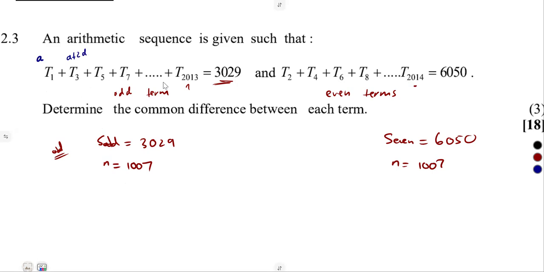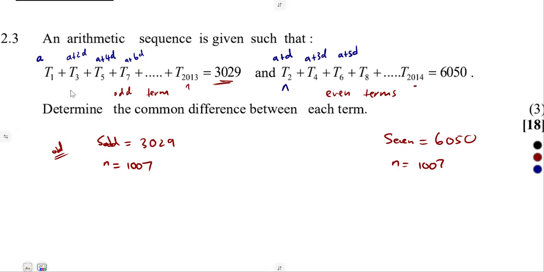Remember, A plus D is not for the odd terms; A plus D is going to be on the even, on T2. Then A plus 2D, A plus 3D for T4. T5 is going to be A plus 4D. A plus 5D here. This one is going to be A plus 6D. These are how the terms will be given.